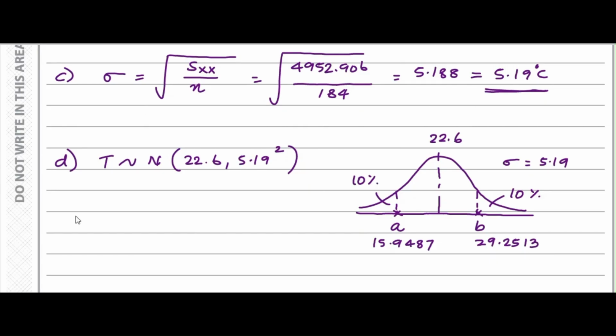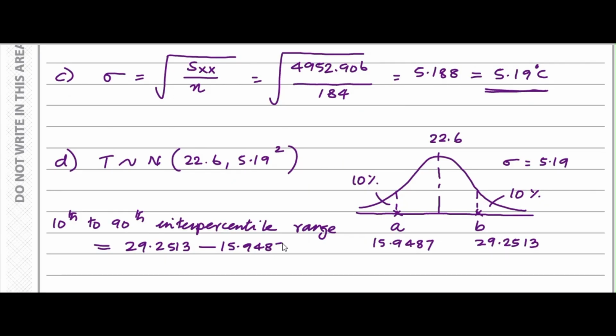Therefore, the 10th to 90th interpercentile range equals 29.2513 take away 15.9487, which gives us 13.3026, and underline it.